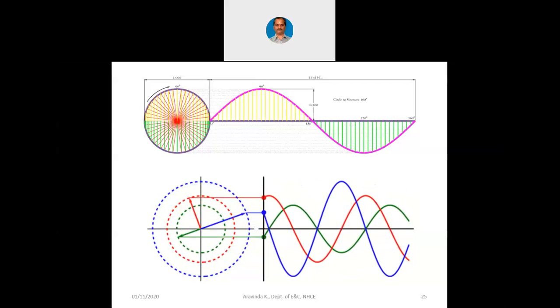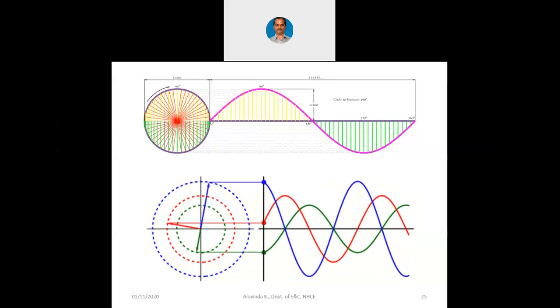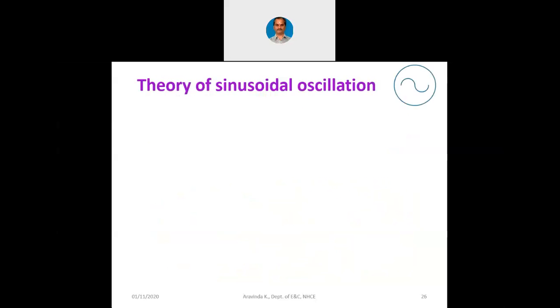So, now let us start discussing electronic oscillator. I will go to the next slide. Let us start discussing electronic oscillator because in electronic oscillators, we have to produce some sounds which will be useful to us. For example, a siren sound is an AC sound, but that has to be produced by an ambulance vehicle.